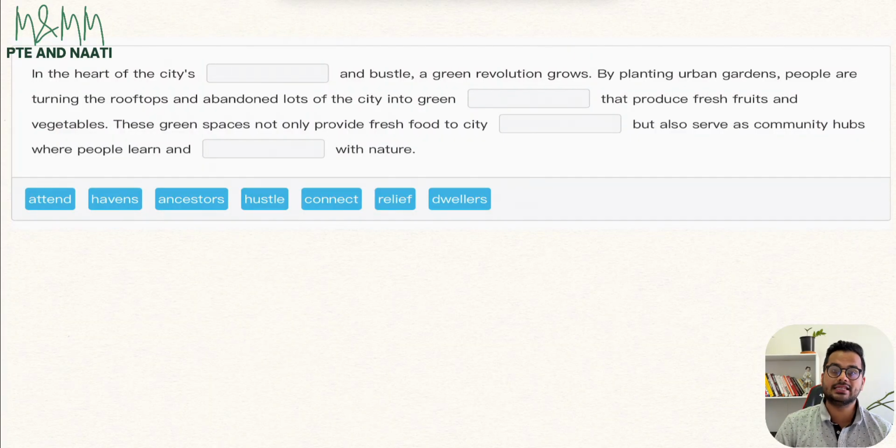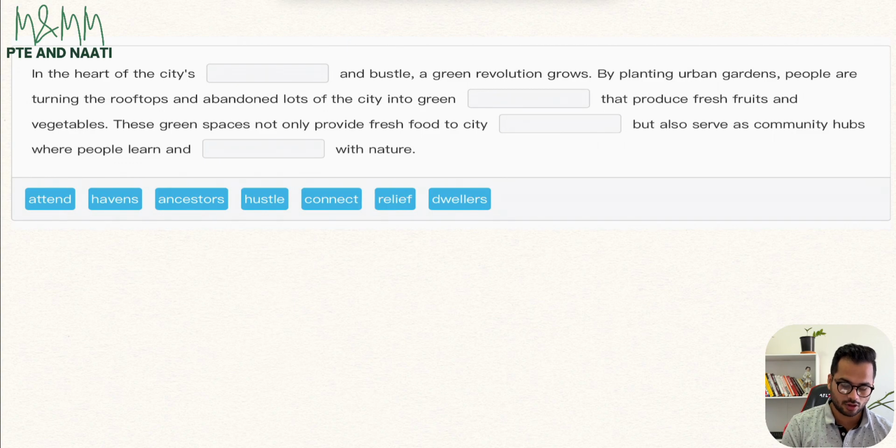Let's get started. So right now, as you can see on your screen, this is the fill in the blanks reading question that we are going to do together. Like I said, take some time, pause the video, try to solve it by yourself, leave the answers in the comments below and also how many correct answers you got out of the given blanks, and then we will go through it together.